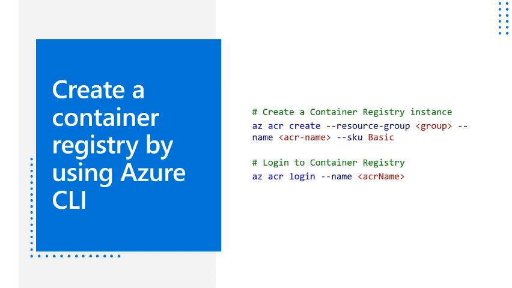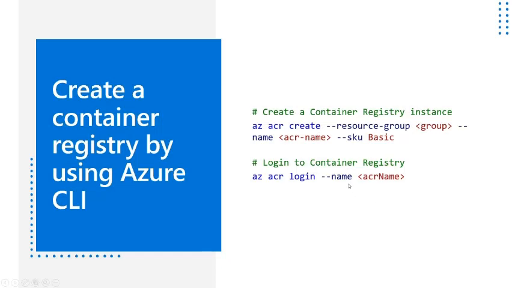Create a resource group, because every time we need to provide the name of the resource group where we want it, the name of the container registry instance, and the SKU, basic. And once it is created with default integration, then you can get the login for this ACR.